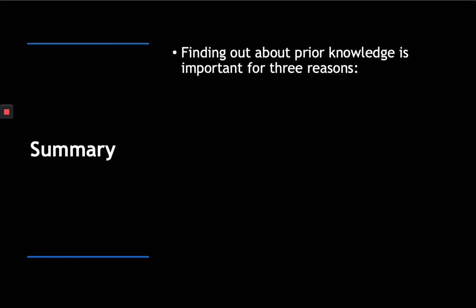So, as a summary, finding out about prior knowledge is important for 3 reasons. The first relates to schema and the idea that what we end up learning relates to what we already know. What we think about depends on what we already know. The second is to do with the testing effect.